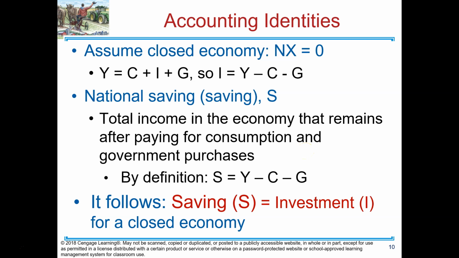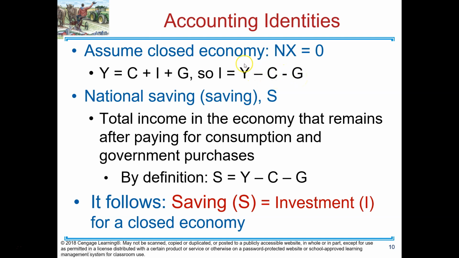If this is the case, we can represent our previous identity as Y equals C plus I plus G, which means we can bring this I component to the left-hand side. Investment is equal to our total income, whatever we produced, minus our private household consumption, minus the government purchases.